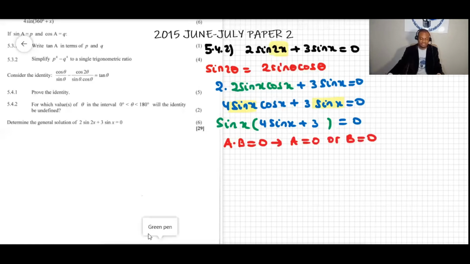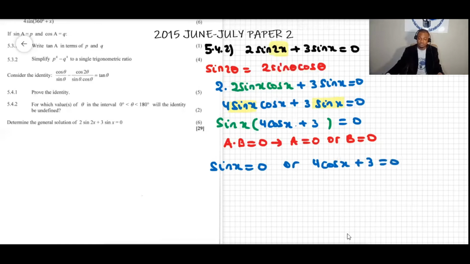Then this means that we're going to have sine x equal to 0 or, excuse me, I meant here cos x. Cos x plus 3 equal to 0.